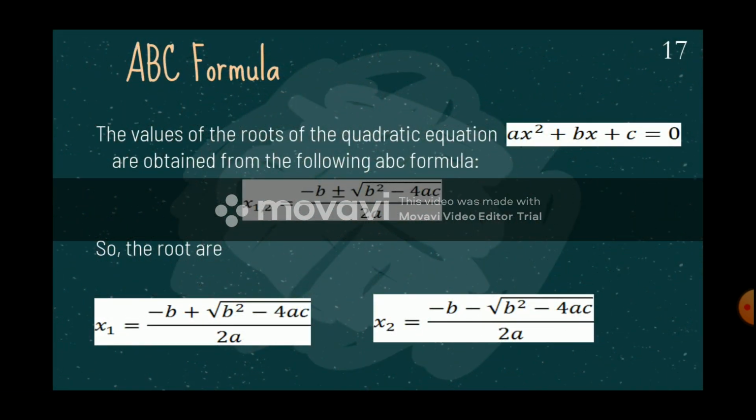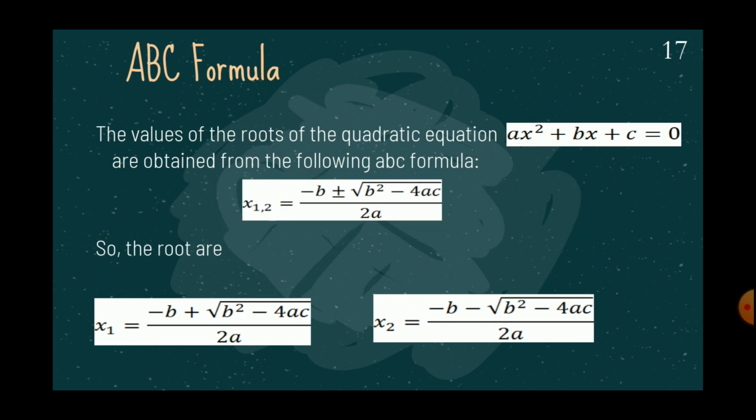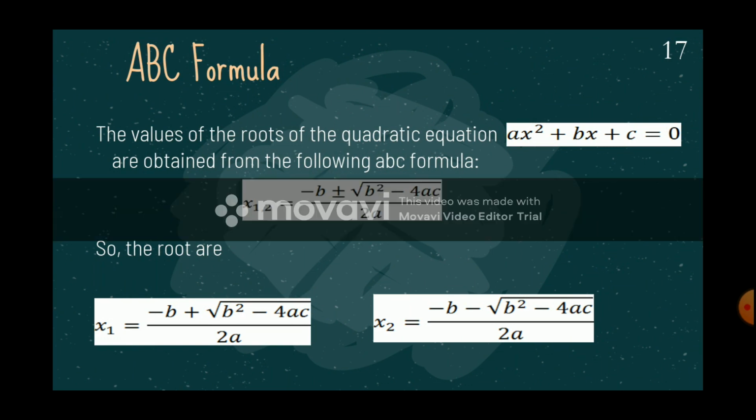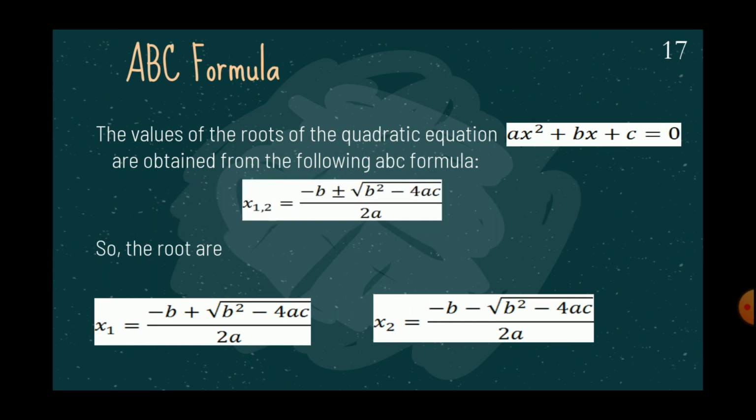The last is the ABC formula. The ABC formula method can be used if factoring and completing a perfect square cannot be done. The values of the roots of the quadratic equation ax squared plus bx plus c equals 0 are obtained from the following ABC formula: x1,2 equals minus b plus or minus the root of b squared minus 4ac, over 2a.